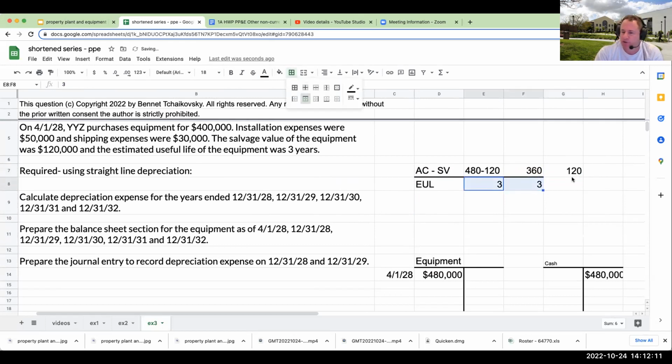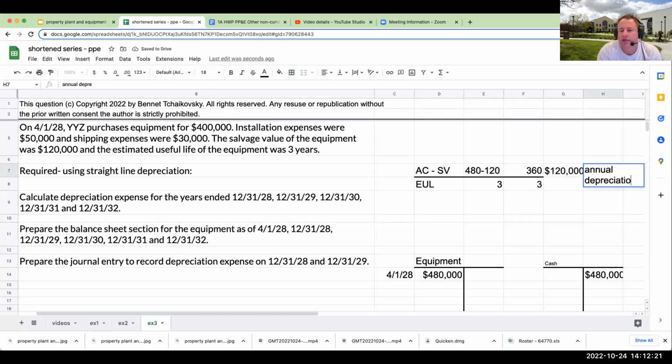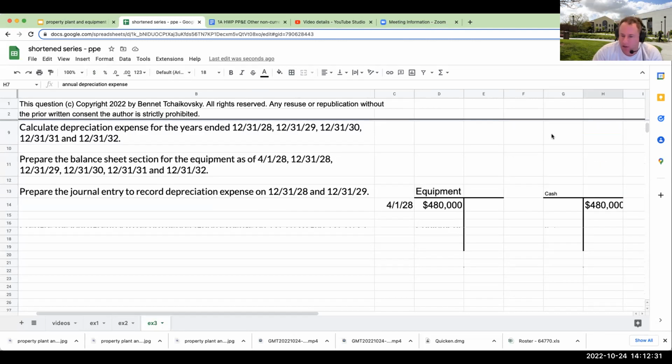I'm just dropping the zeros. This $120,000 is going to be my annual depreciation expense. This is how much I would be recording every single year. So this is my annual depreciation under straight line.